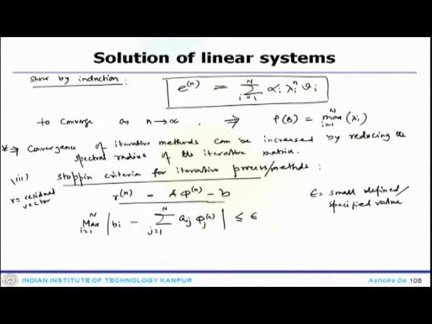So that is one. Alternatively, one can require the root mean square residual to be smaller than some epsilon value. In that case it could be the square root of the summation over i equals 1 to n of b i minus the summation of j equals 1 to n of a ij phi j, whole squared, divided by n, less than or equal to epsilon.